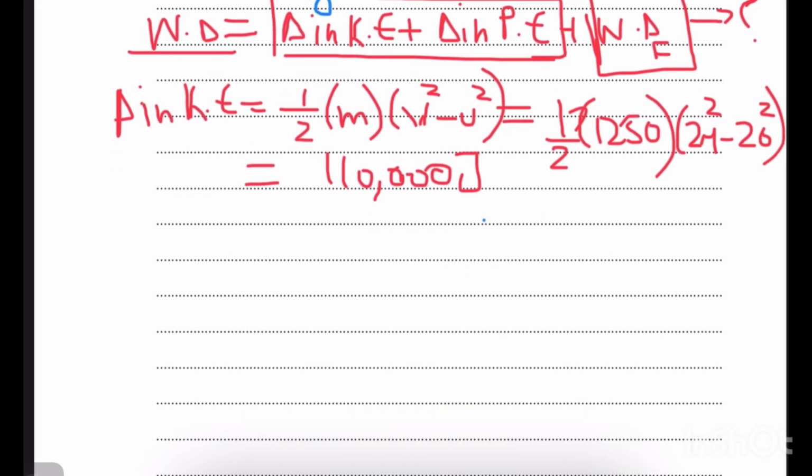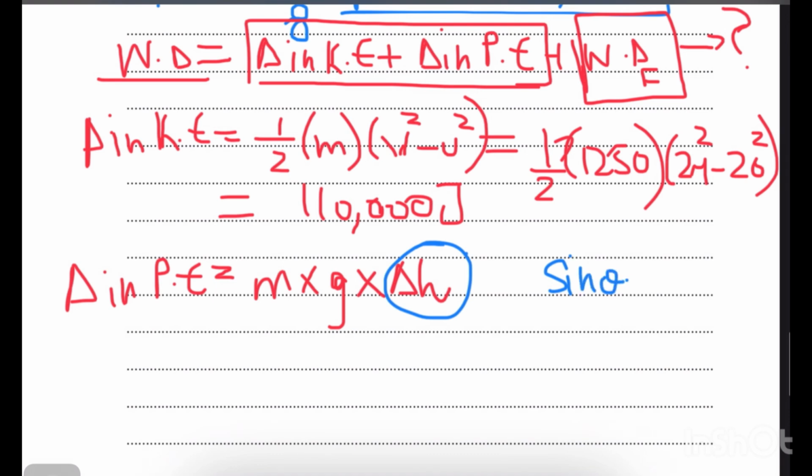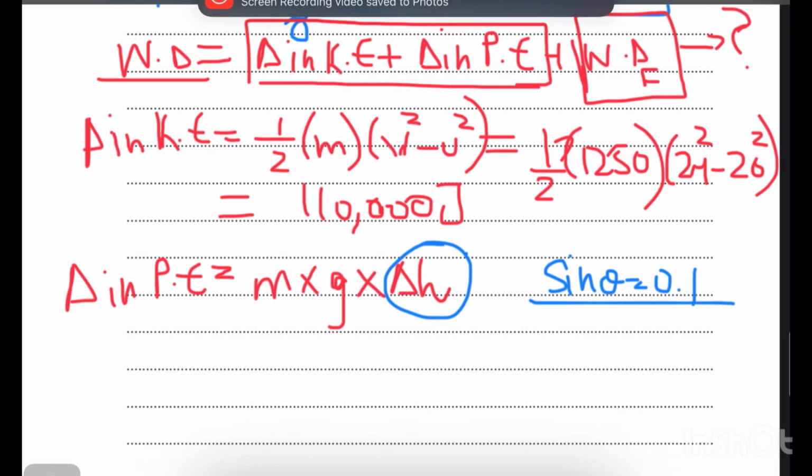So moving forward, we have to find out now the change in potential energy. The formula for that is the mass multiplied by the force of gravity multiplied by the change in height. So you'll be wondering how we will find out this change in height. Sine theta was equal to 0.1. Now how we can use this information is that suppose that this is the hill.